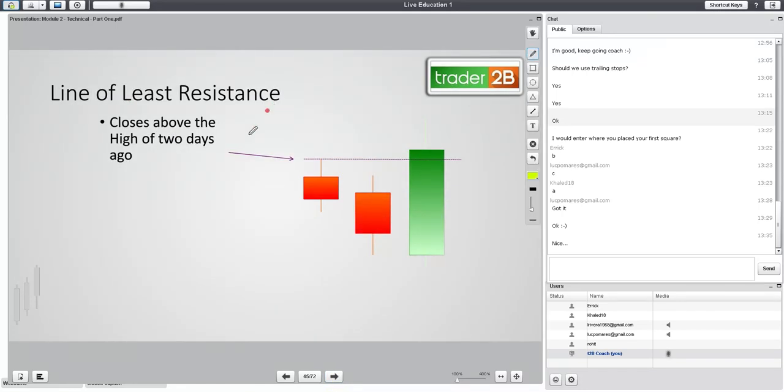The line of least resistance. So the line of least resistance closes above the highs of 2 days ago. So you can see here, this line of least resistance essentially represents a level within the price, right? And the price is trading below this area here.